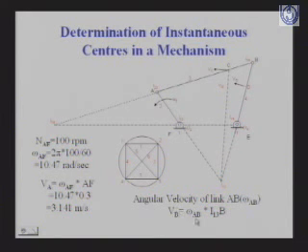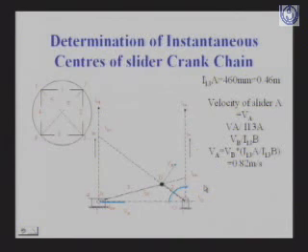That is, we have to find the angular velocity and then the distance between this instantaneous center and this point. So with the help of this we can calculate the velocity of various points in a link.